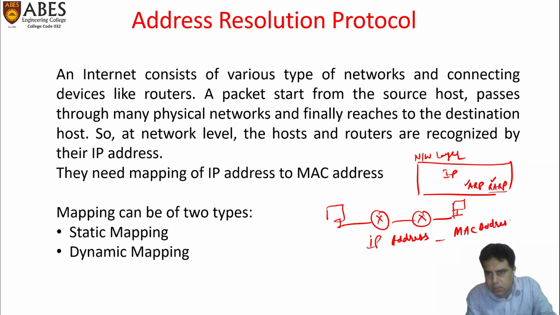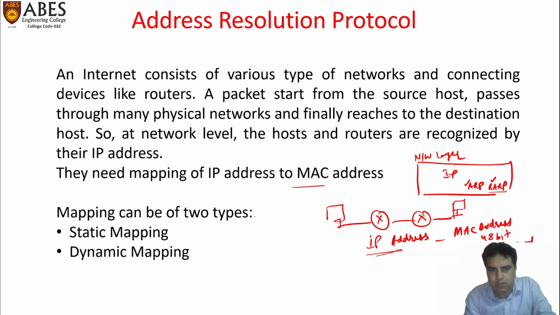MAC address is a 48-bit hexadecimal address that recognizes the devices at the physical level, and each and every device has its unique MAC address. IP address is a logical address. So we need the mapping of IP address to the MAC address.